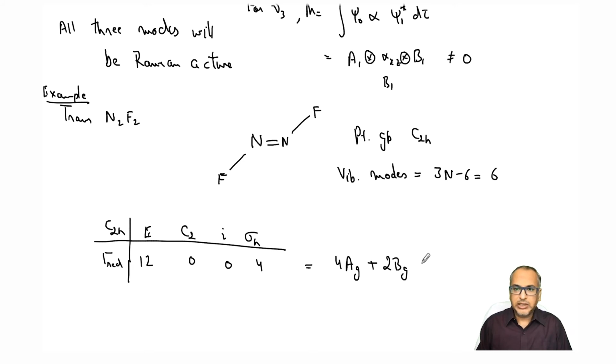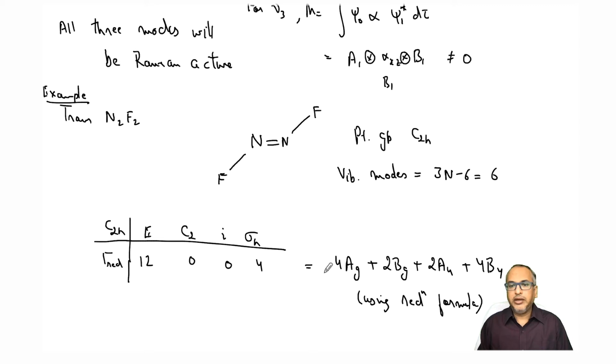I'm skipping all the maths and I expect you to solve it by yourself. So this is using the reduction formula. We have now obtained the symmetries of the different modes, right?